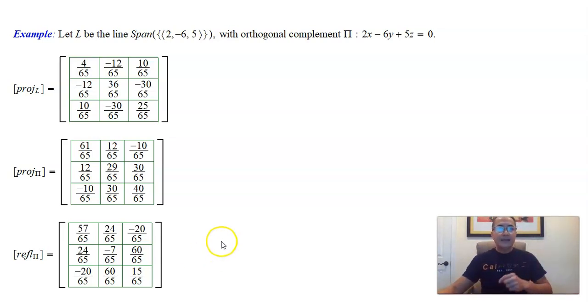Now that is a little bit of a worry because now the eigenvalues are different. For L, when we projected on L and you're on the plane, you get a 0 vector, so the eigenvalue there is 0. But for the projection on pi, you get the same vector, so the eigenvalue there is 1.